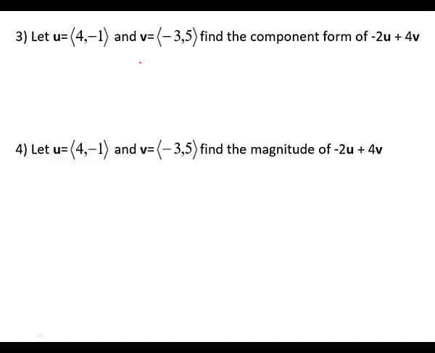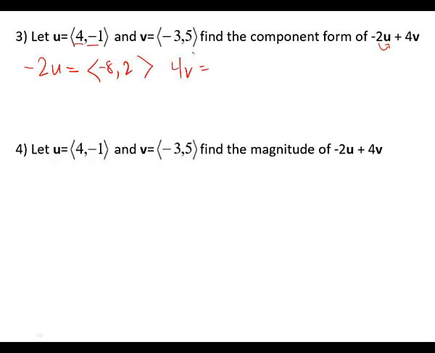Okay. All right. So, what I need to do, remember, is this says multiply the u vector by -2. So -2u, I just multiply each one of the components. So what do I get for that vector? -8, 2.